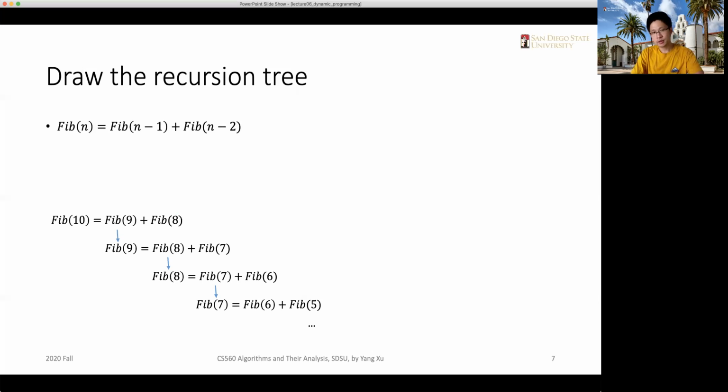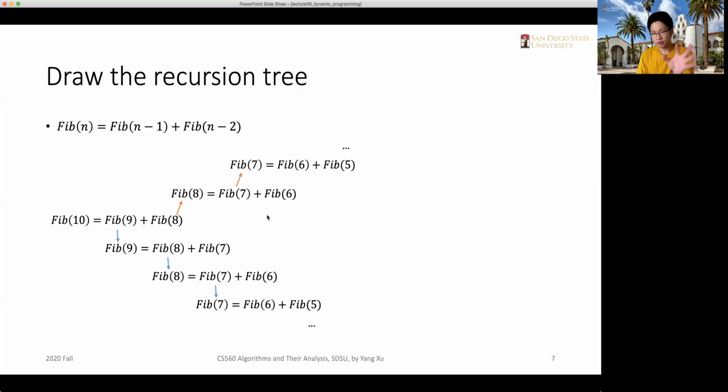Because all the other calls, like fib of 8, will also incur further recursive calls, including fib of 7 and 6. And fib of 7 here will incur more recursive calls, okay?